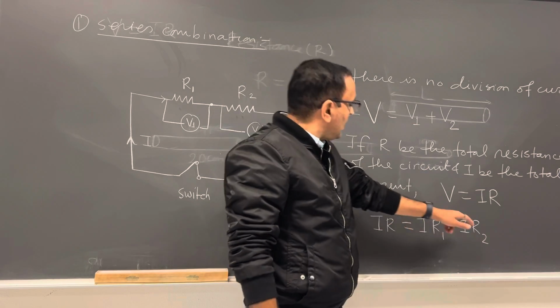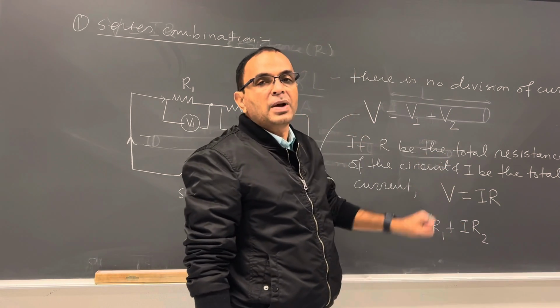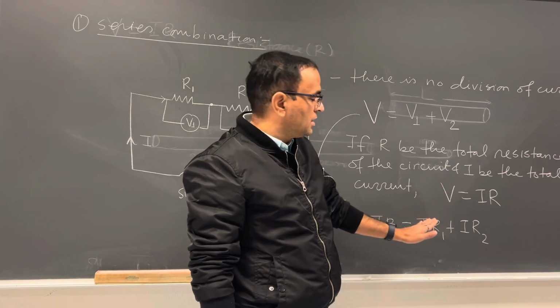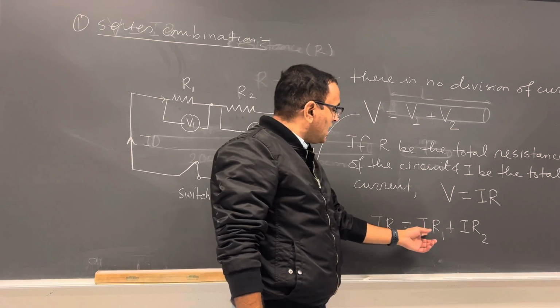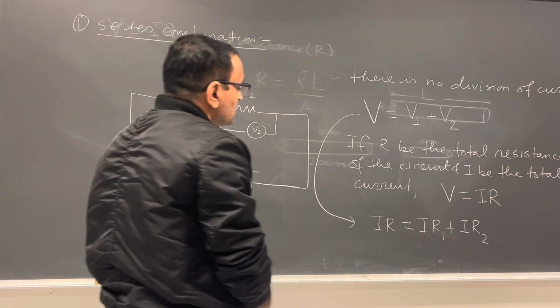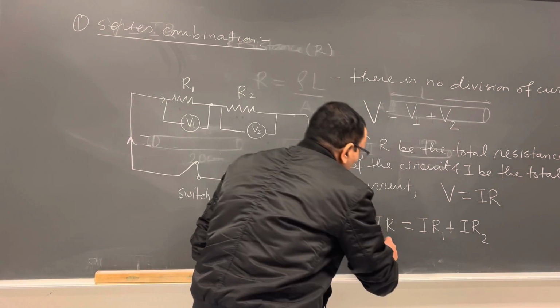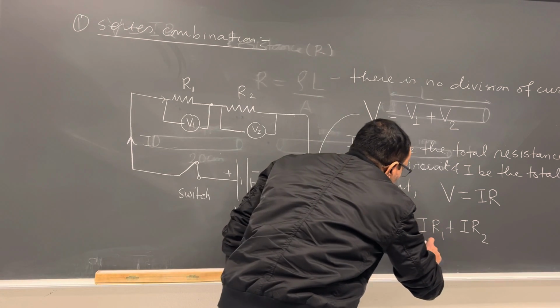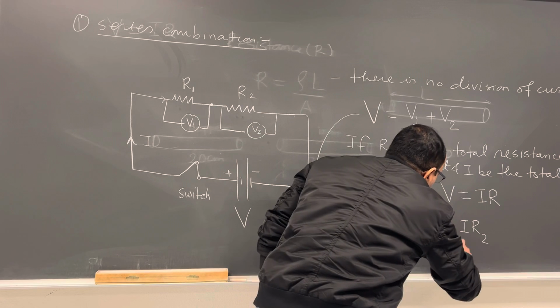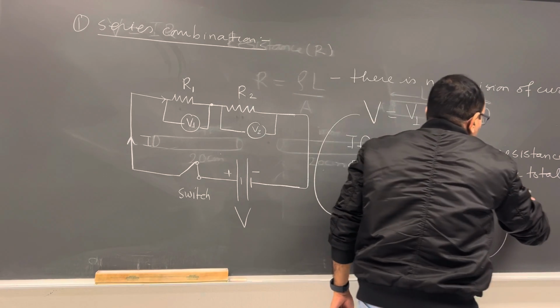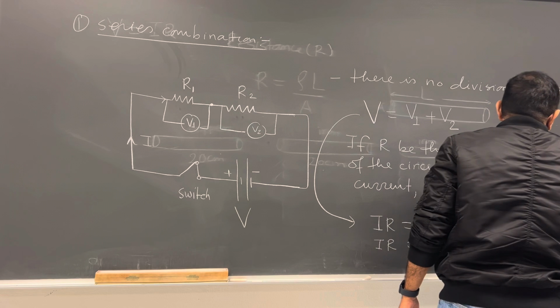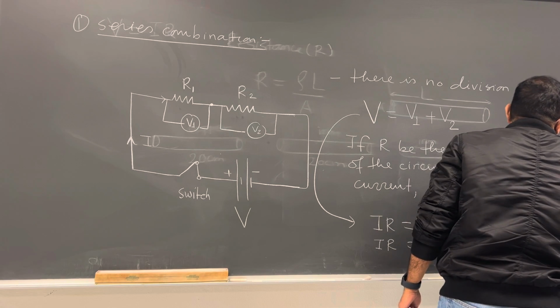I put the same I there because the same current is passing through each resistor. There is no division of current here. So IR equals IR1 plus IR2. If you simplify this, you get IR equal to I times (R1 plus R2). Then from here you get the total resistance R equal to R1 plus R2.